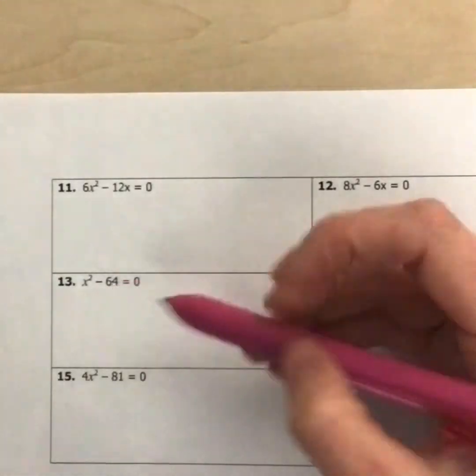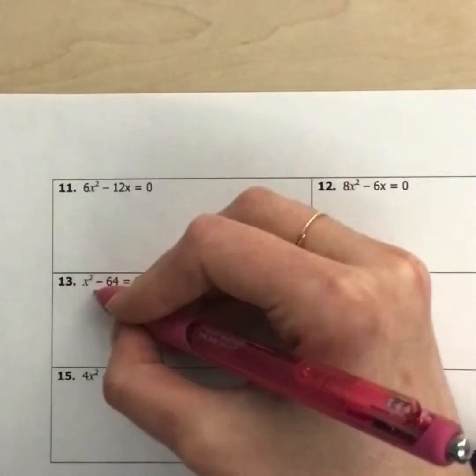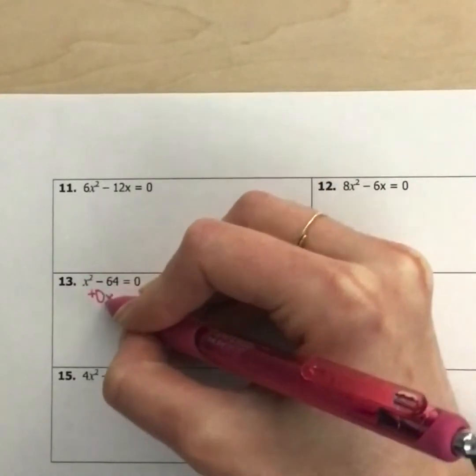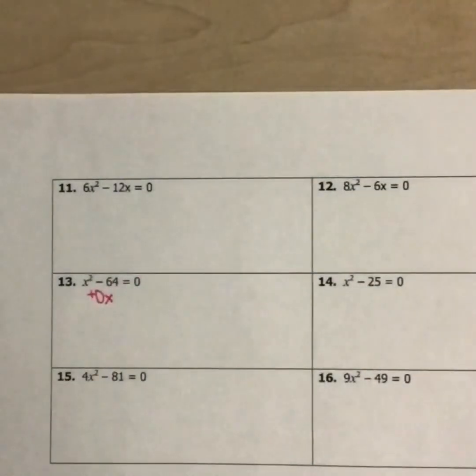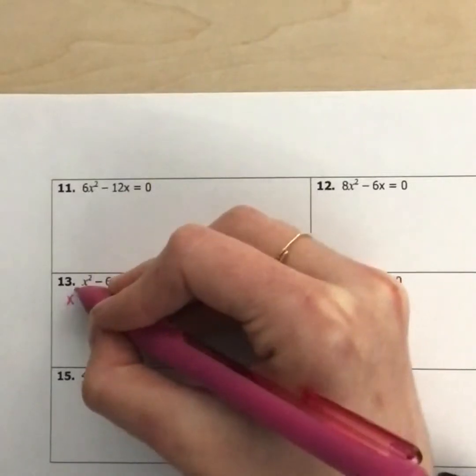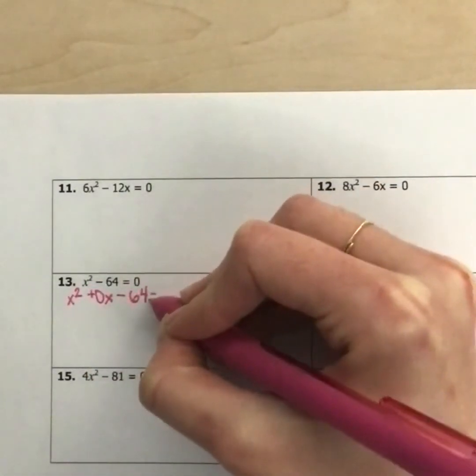And so the way it works is whatever our factors are, the middle term gets canceled out. When something gets canceled out, that means that there are 0 of that thing. So instead we can think of this equation as x squared plus 0x minus 64 equals 0.